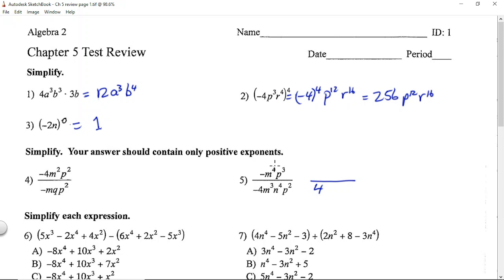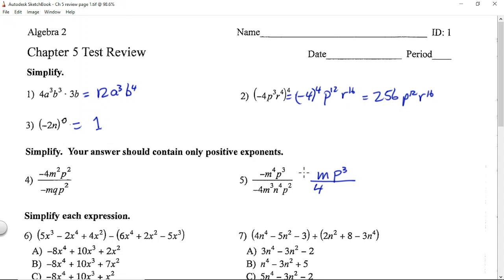Okay, so now we subtract exponents. So we have this m to the fourth and m to the third. So subtract, so that's m to the first, right? 4 minus 3 is 1. So we don't usually write the exponent, it's just m. Look at the p. Well, there's no p in the denominator, so p just stays like it is.